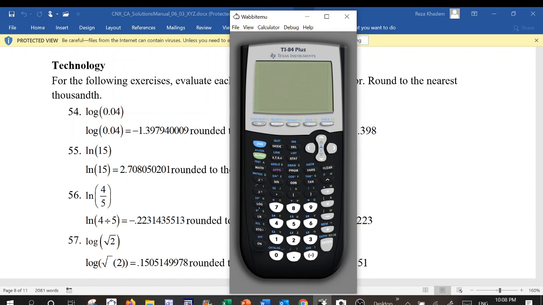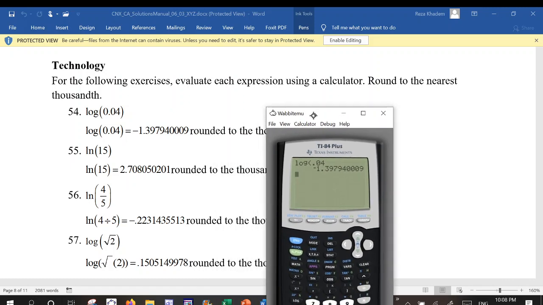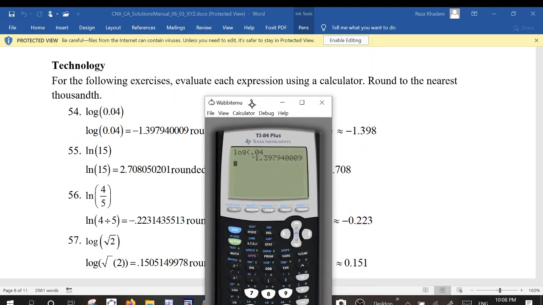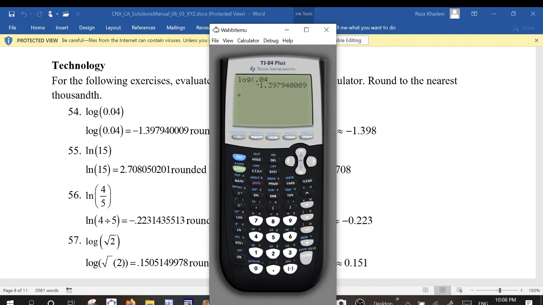We get negative 1.398, an irrational number, so we round to the thousandth place. And what is ln 15? It's that number, and you can keep as many decimal places as you like.